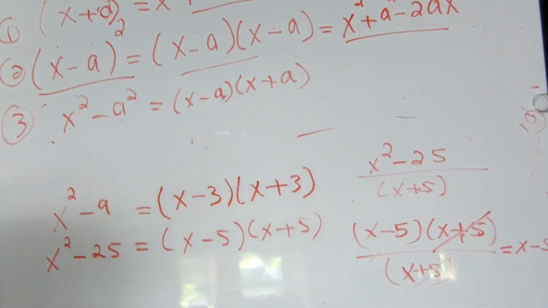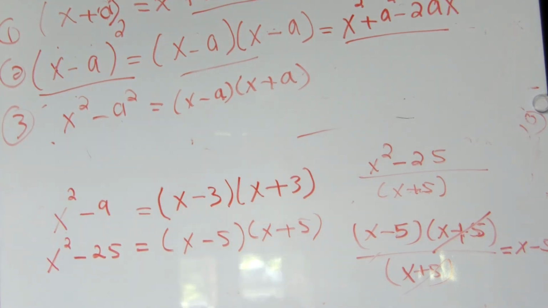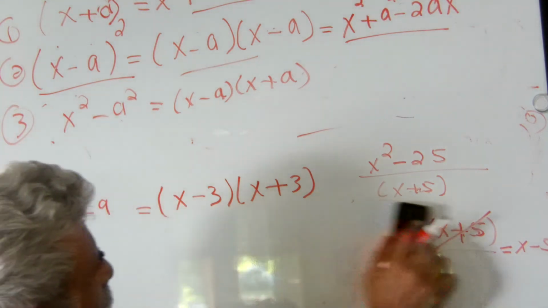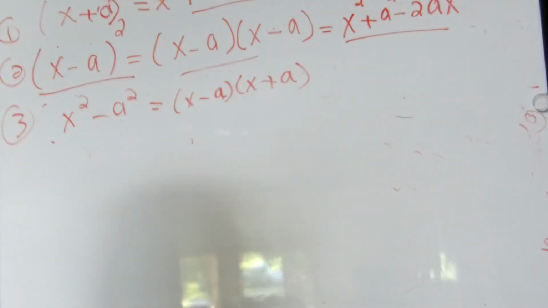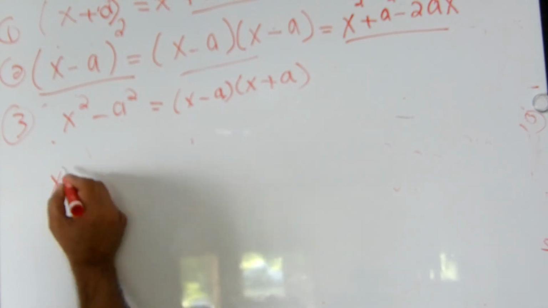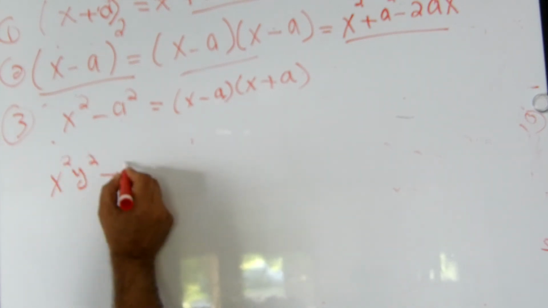So these two are very important in math. We give you another example, like x squared y squared minus 81.